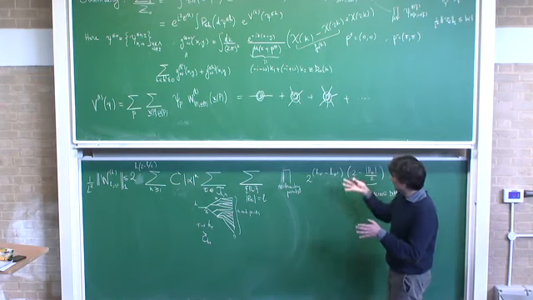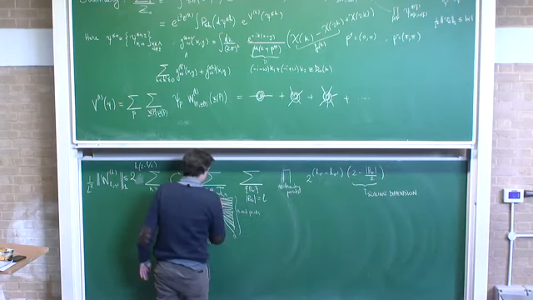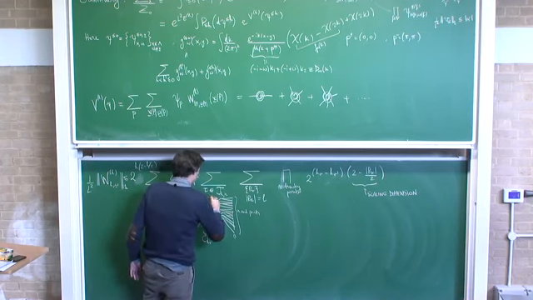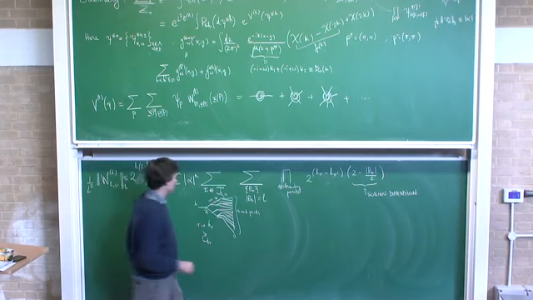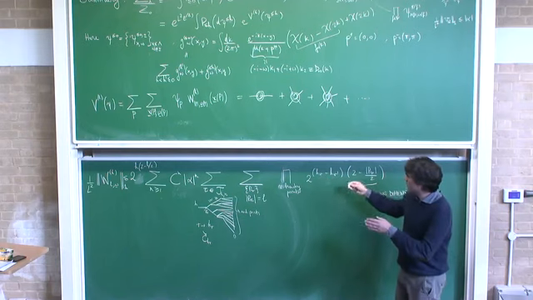And what is V prime? V prime is just the parent of V on the tree.